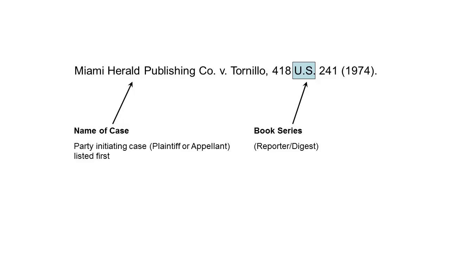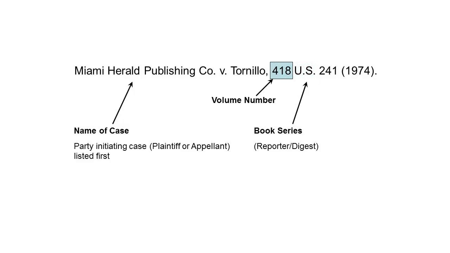The book series tells us which reporter or digest we are going to find this case in. And this comes back to those abbreviations. U.S., as you might know from the previous slide, means that we're going to find this particular case in U.S. Reports. So the book series that we're going to find this in is U.S. Reports.